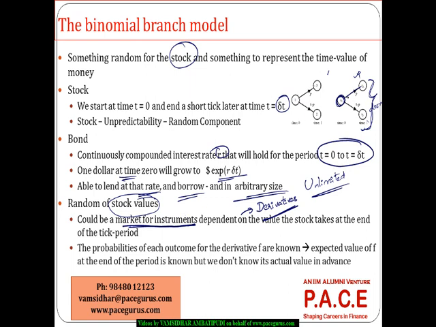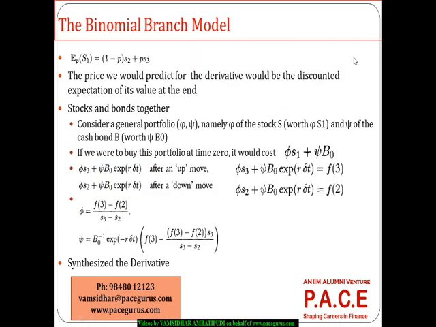And now we know, based on our understanding, we are going to find out the probability that the price is going to go up and the probability the price is going to go down. And we can even find out the expected value of this particular outcome at the end of the period, but we don't know what would be the actual value. It might either be S2 or S3.